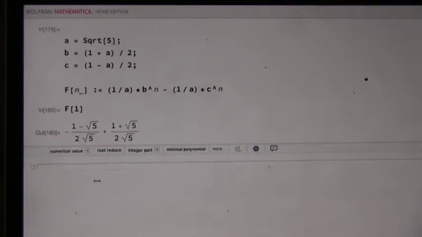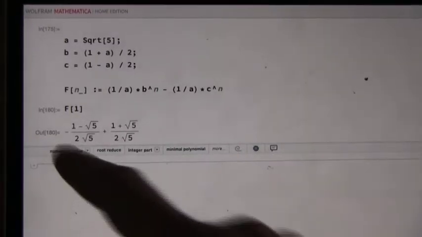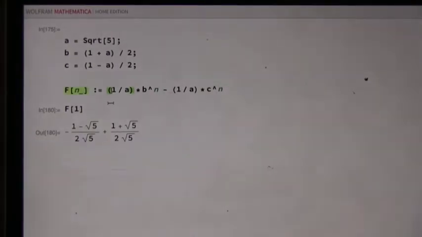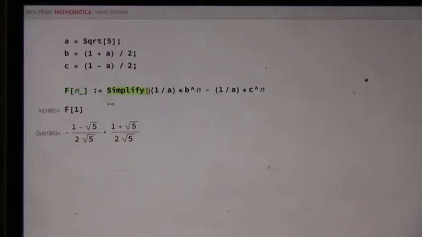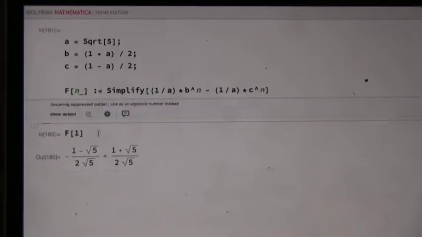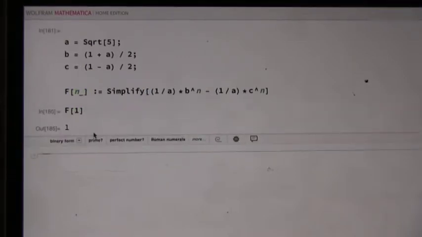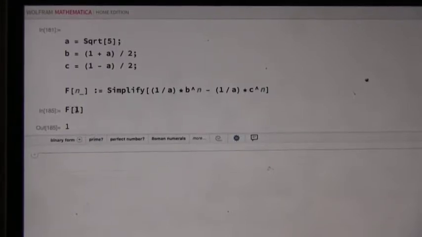So it's going to be... No, it's 2 root 5 over 2 root 5. There's a little minus sign right there. That is 1. So maybe I need to change my formula here and tell Mathematica to simplify. And now what does it say F of 1 is? 1. Alright. Sometimes Mathematica doesn't simplify unless you tell it.